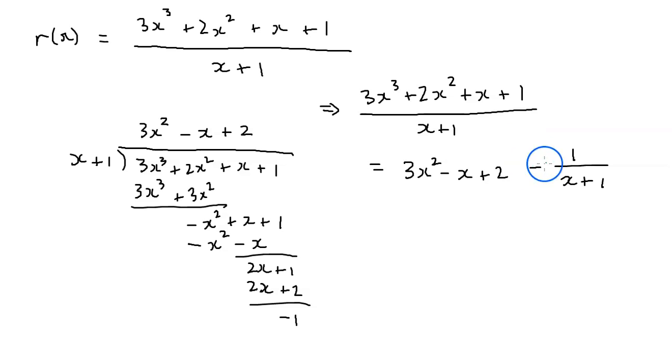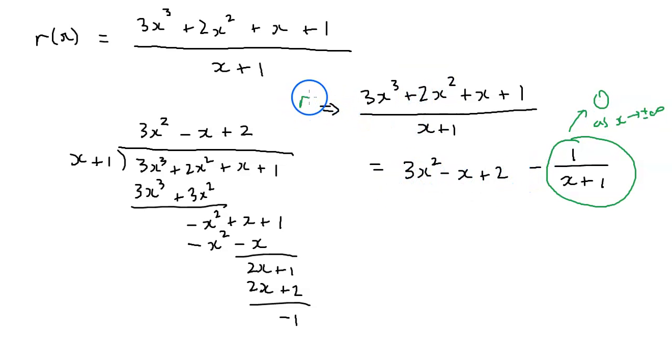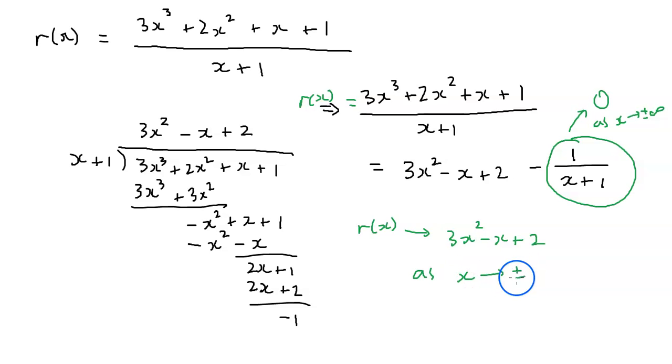And we can see that the 1 divided by x plus 1 tends to 0 as x tends to plus or minus infinity. And so the whole thing, the rational function r of x, should tend towards 3x squared minus x plus 2 as x tends towards plus or minus infinity. So let's go ahead and graph it in Desmos and see if we're right.